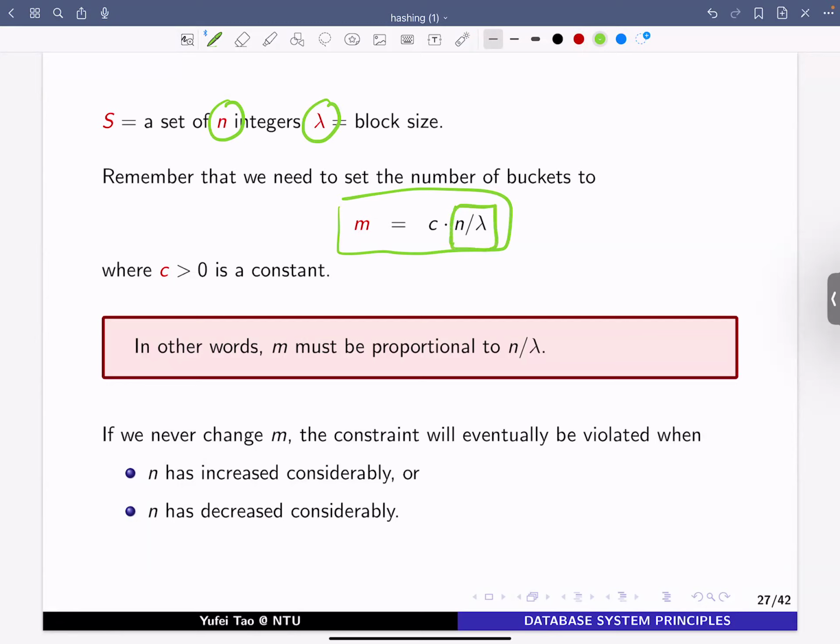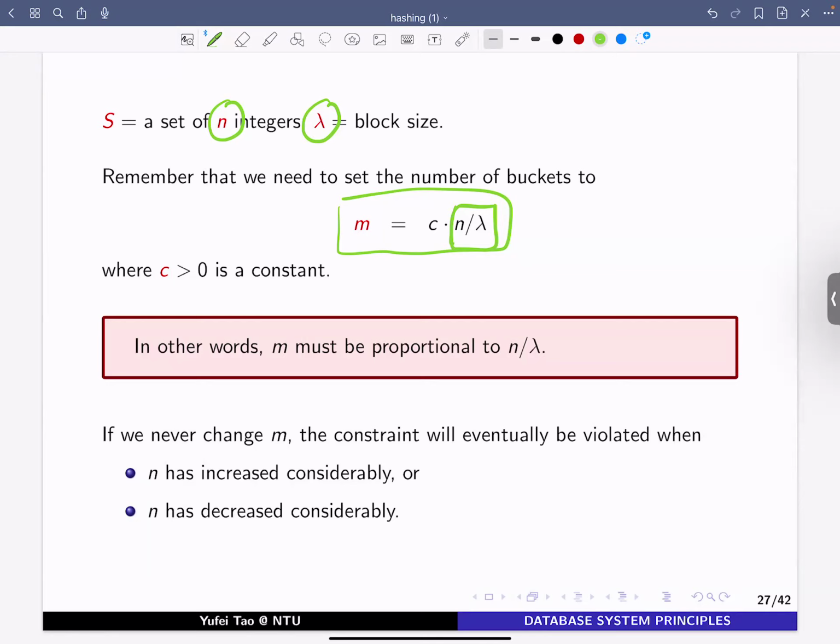Once again, n over lambda is the smallest number of blocks that you need in order to store the input set up to a constant factor. Well, the thing is, when the value of n changes significantly, eventually you can no longer regard the number of buckets to be proportional to n over lambda.